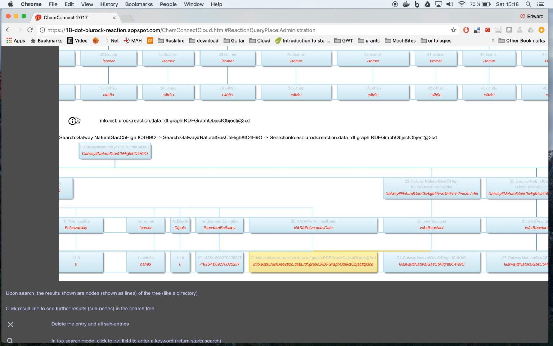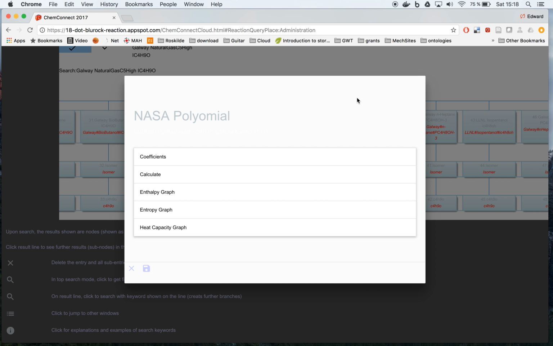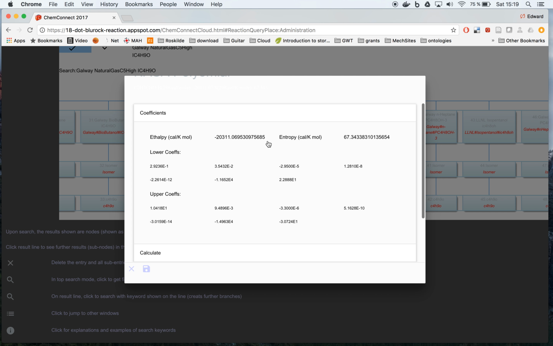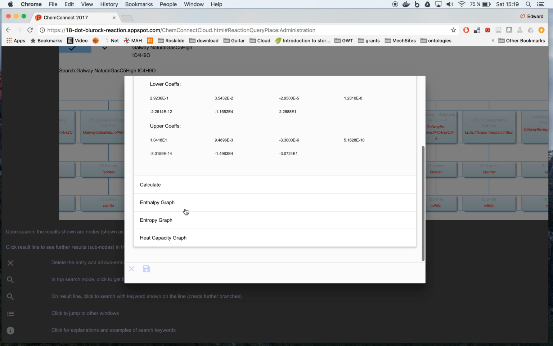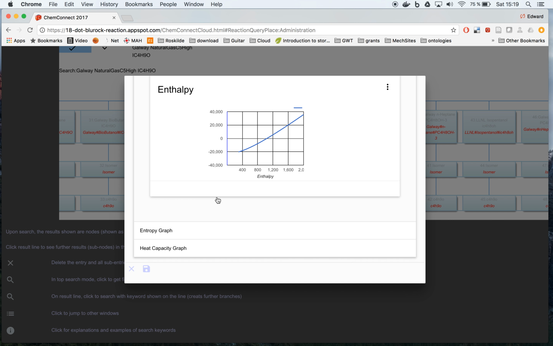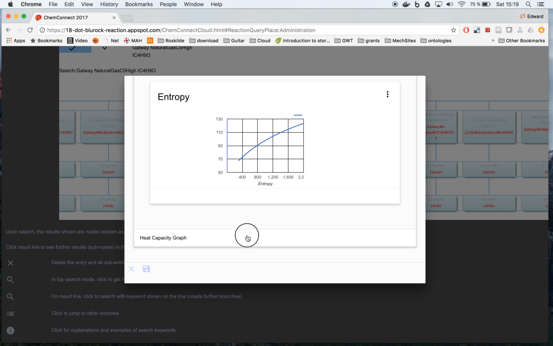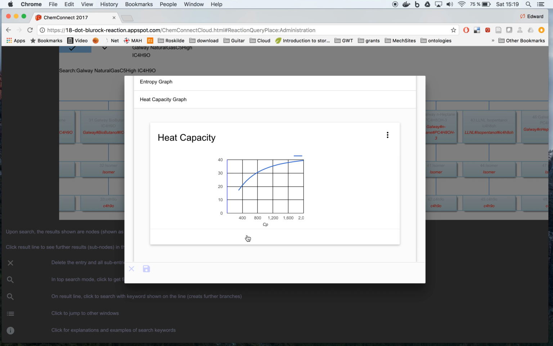But more interestingly, if we want some information about the NASA polynomial of this specific molecule, we press this I, and now we get the information contained within that data. Here we have the specific enthalpy and entropies, the lower coefficients, the upper coefficients. We can even look at the graph of the enthalpy or the entropy or the heat capacity.